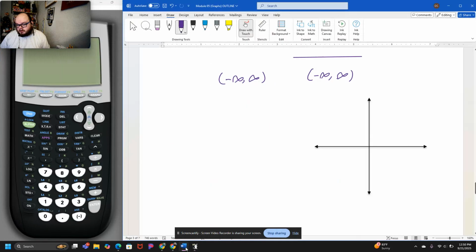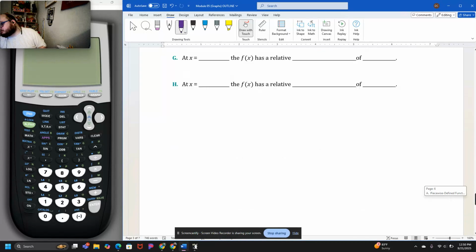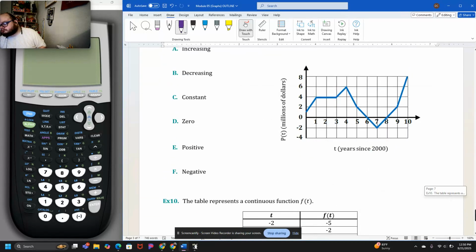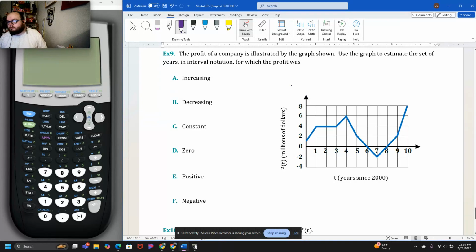Okay, so now let's come back to our worksheet. The profit of a company is illustrated by the graph shown. Use the graph to estimate the set of years in interval notation for which the profit was increasing. Okay. So I'm looking for increasing. So it looks like it starts at what?